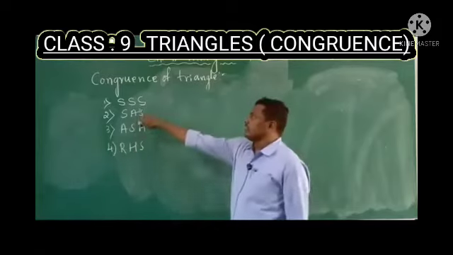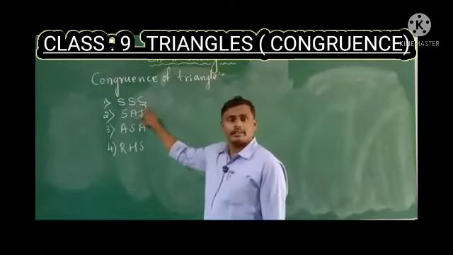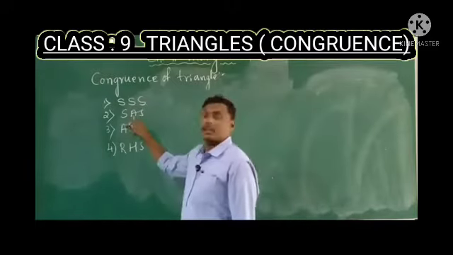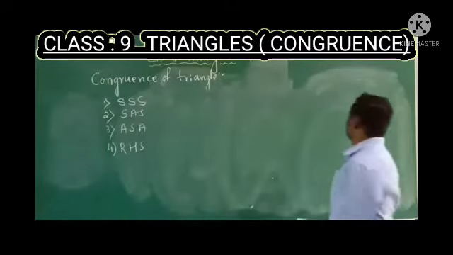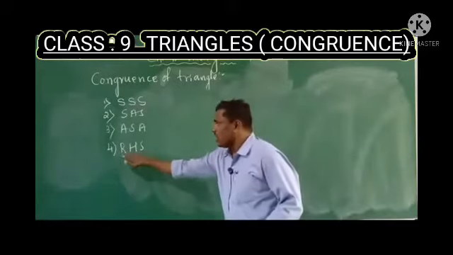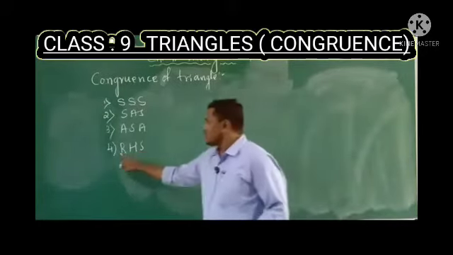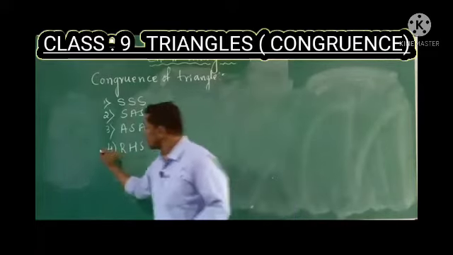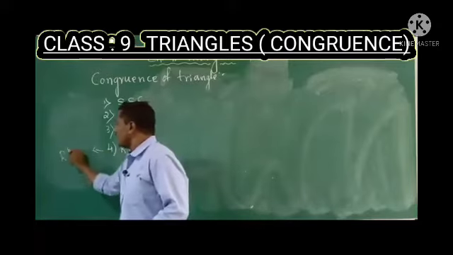Here S means the sides of the triangle, A means angles of the triangle, and the last one, just observe this one, RHS. RHS means this criteria is specially used for right angle triangles.